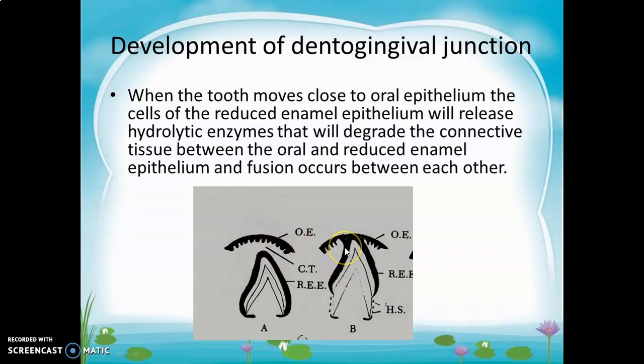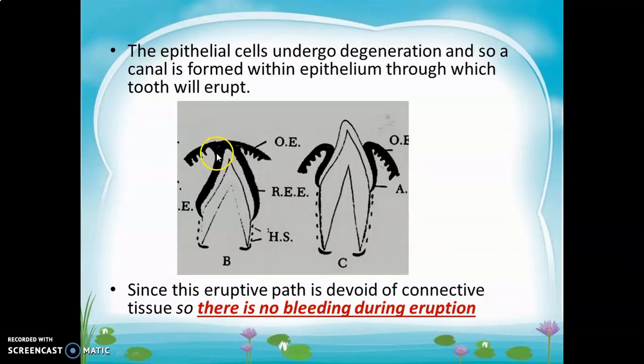As you can see, during eruption, the reduced enamel epithelium joins with the oral epithelium, and this fusion marks the beginning of development of the dentogingival junction. The epithelial cells in the center undergo degeneration and the tooth erupts or emerges into the oral cavity. As I said earlier, the path of eruption is devoid of any connective tissue, so there is no bleeding during eruption.